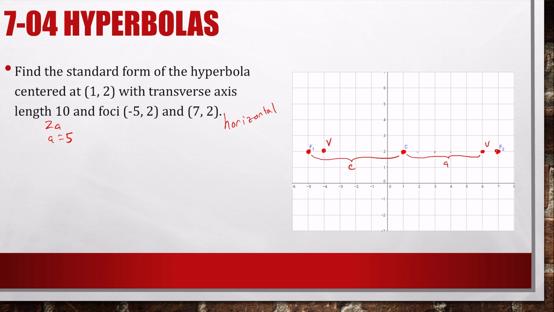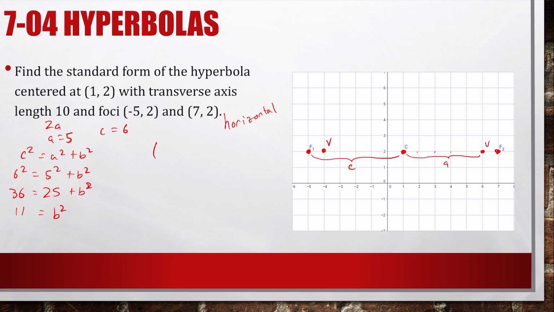So I know c is 6. So I could find b. c squared equals a squared plus b squared. So 6 squared is 5 squared plus b squared. So I get 11 for b squared. So b would be the square root of 11.